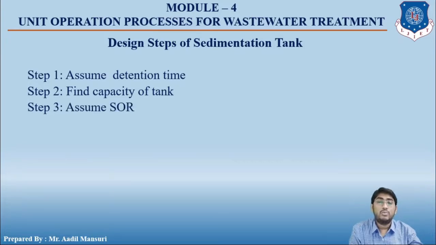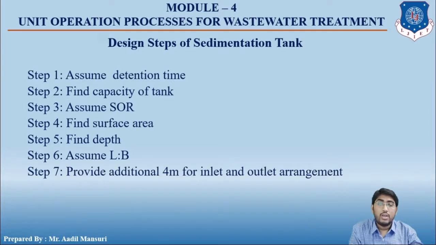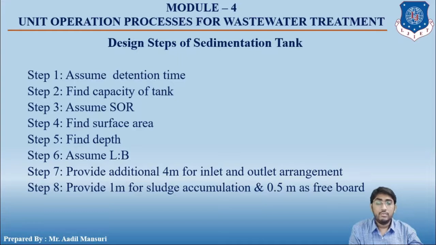Then assume the surface overflow rate, then find out the surface area, then find the depth, then assume the L to B ratio, then provide an additional 4 meters for inlet and outlet arrangement, and provide 1 meter for sludge accumulation and 0.5 meter for freeboard. Clear?